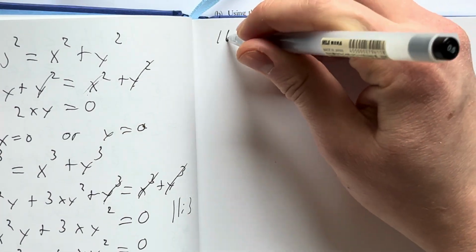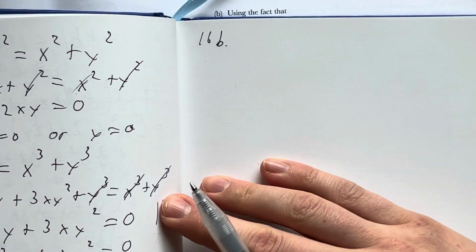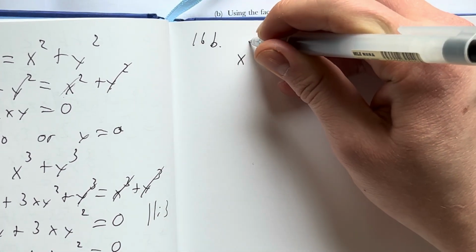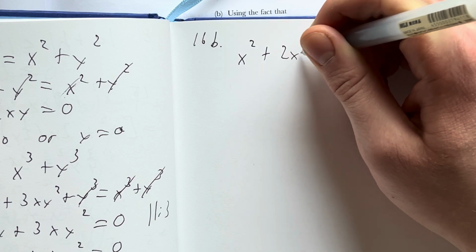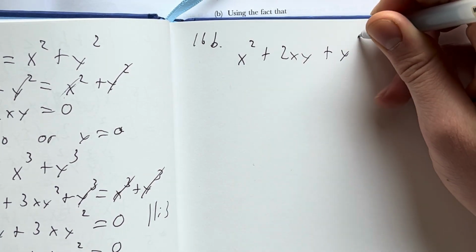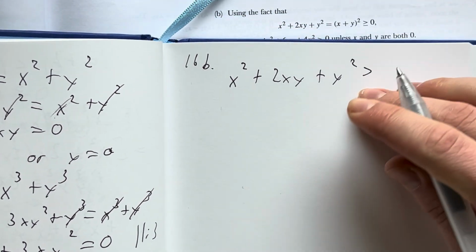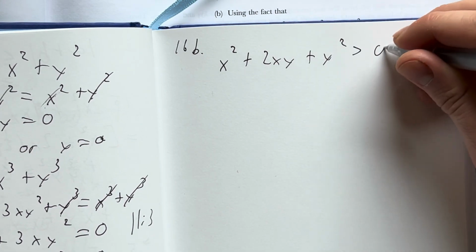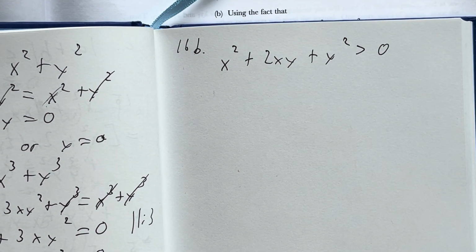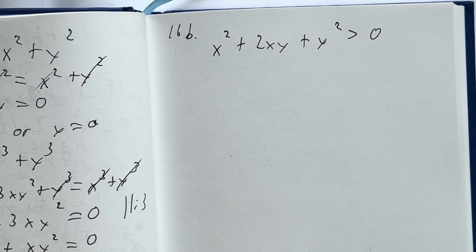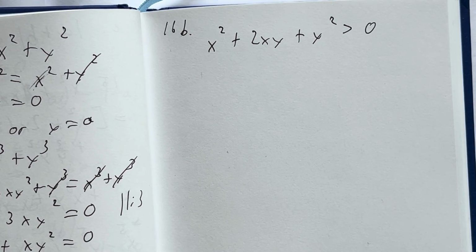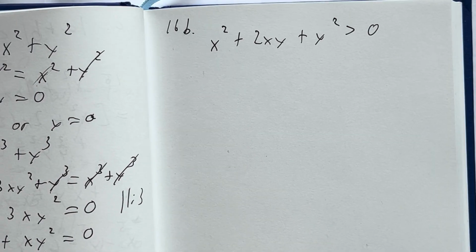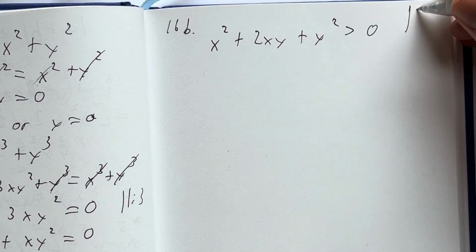So, 16b. So let's start off with the fact that x^2 + 2xy + y^2 is greater than 0 if at least one of x and y is not 0. Then multiply by 3.